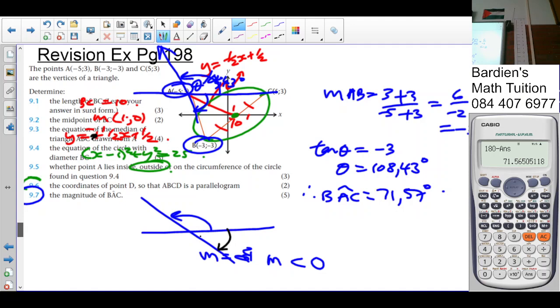That angle is actually negative 71,57 from the horizontal. Can you see that? But because I drew this line going through like it, it's actually the, what's the name of the angle? Depression angle. The angle that goes down. You understand?